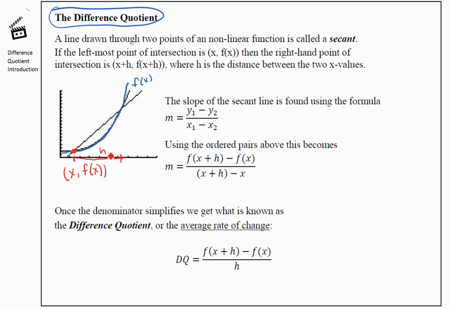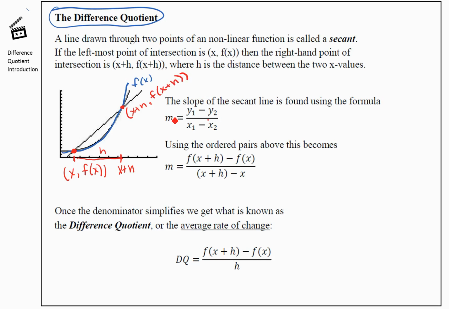So h is just the distance we've gone down the x-axis. And we're going to find the point on the curve at that point. So if this x-coordinate was x and we've gone down by h, or up by h, I should say, this coordinate would be x plus h. So this point would be x plus h, comma, f of x plus h.